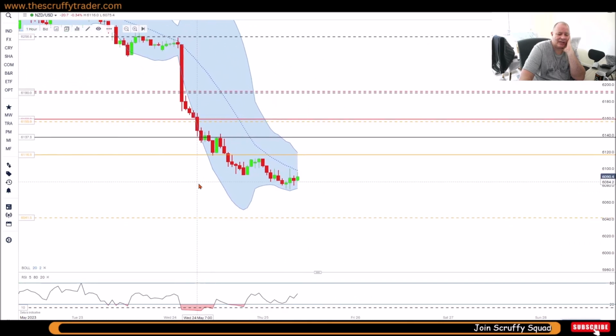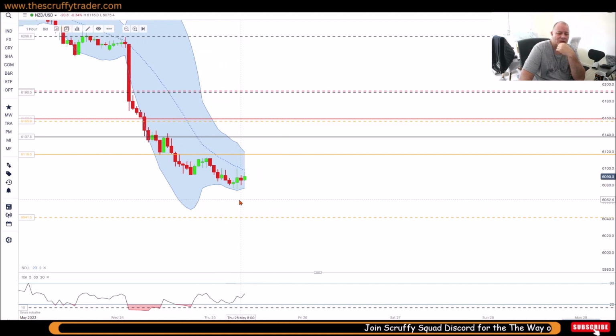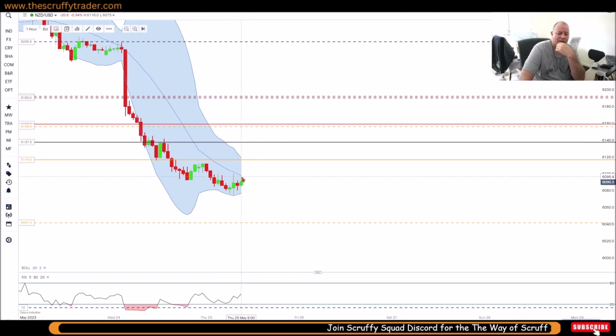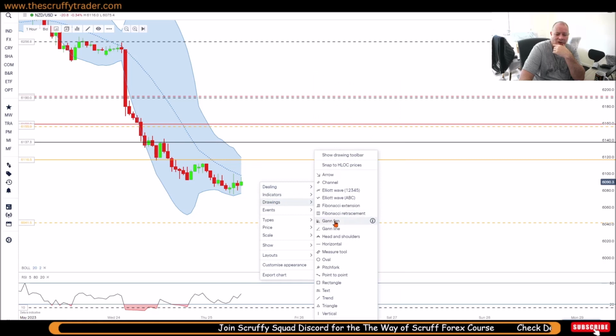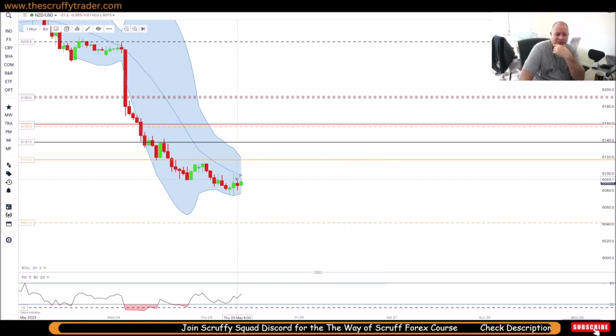So if I'm doing a set and forget, I'm really in and around this area. So where would it go from here? Well, if it's pushing back up, it's here. You know, how far is that? Well, let's have a little look. So from there, like 20 pip move.